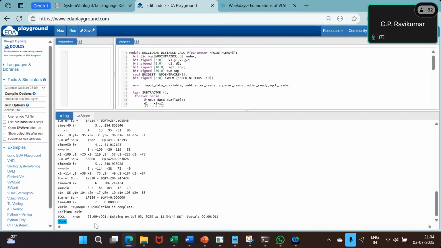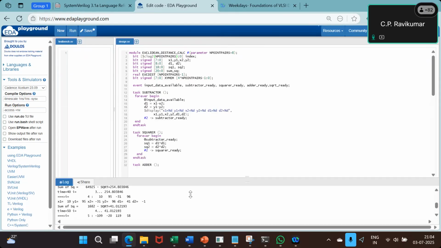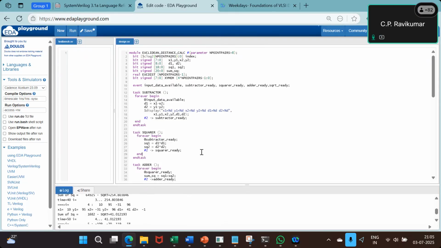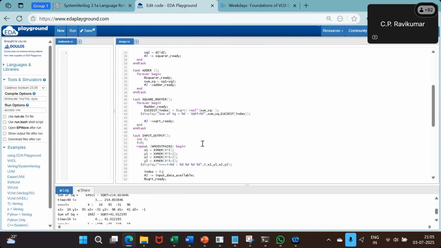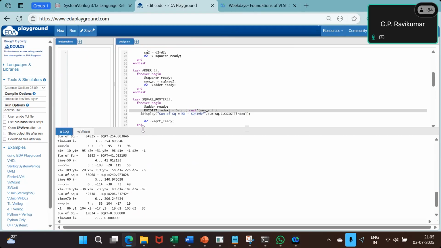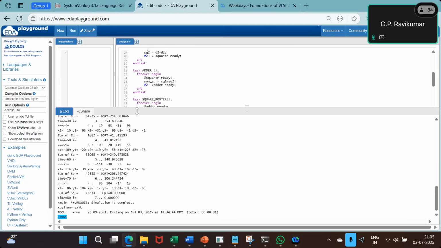You always seem to have a problem. See, SQRT, right? Why would SQRT fail only in that place? That doesn't seem right. See, in all the other cases, it has successfully done the sum of squares, right? Why would it suddenly, the number is 17.